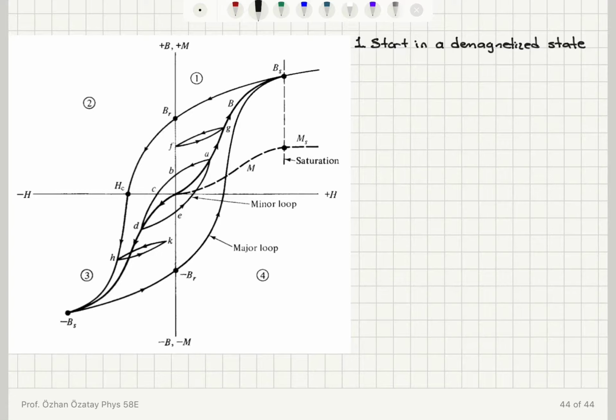In the demagnetized state, the total magnetization is 0. What we will do is increase the magnetic field H to saturation, so that we will have M equal to Ms, the saturation value, and that is basically called saturation magnetization.